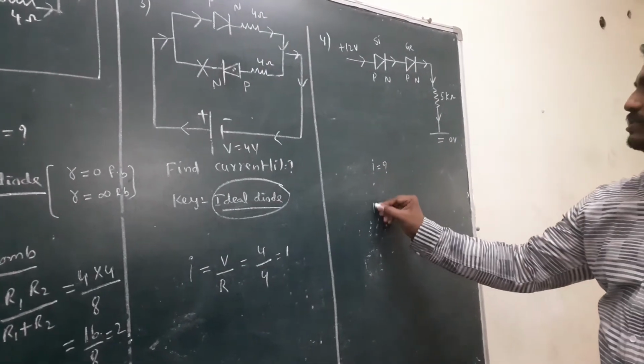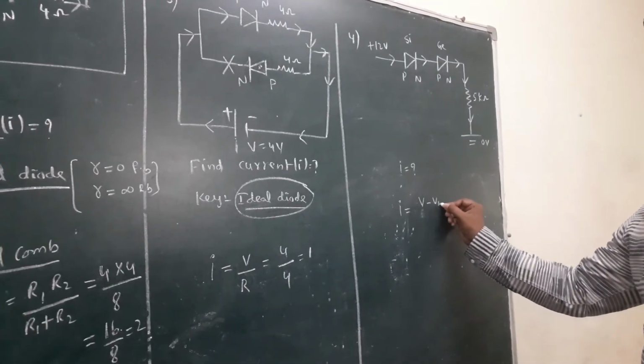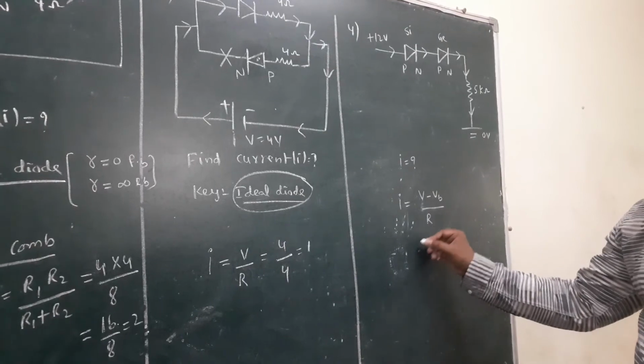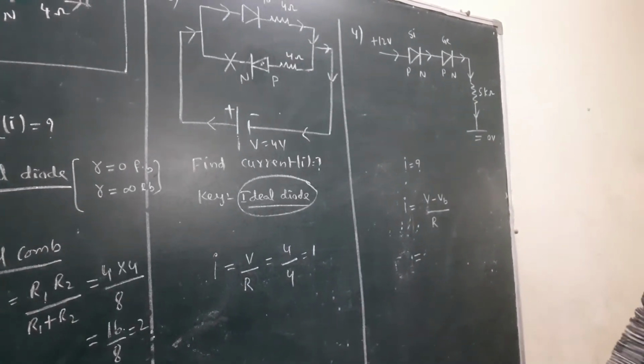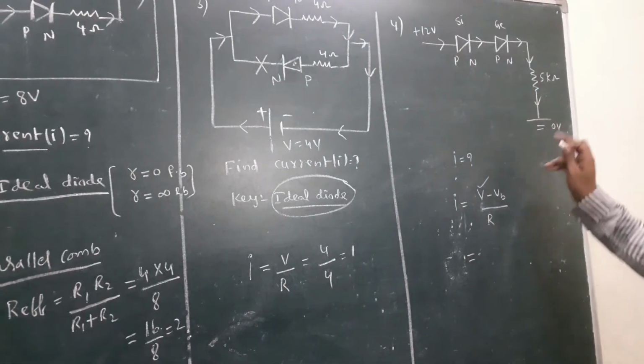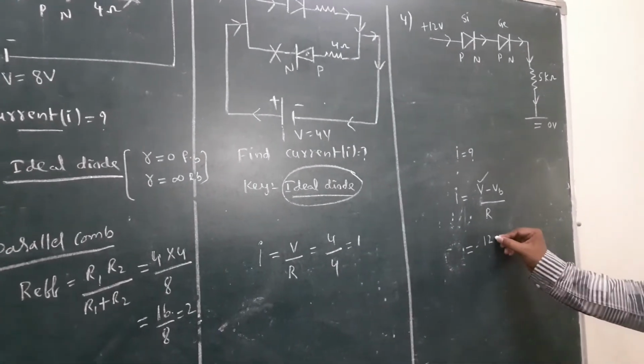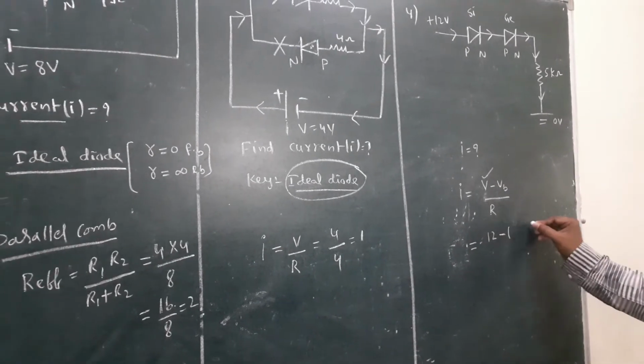Forward bias means the formula is I equals (V minus VB) by R. Here V is called the applied voltage. Here 12 is there, here 0 is there. The potential difference is 12 minus 0, 12, minus the potential barrier.